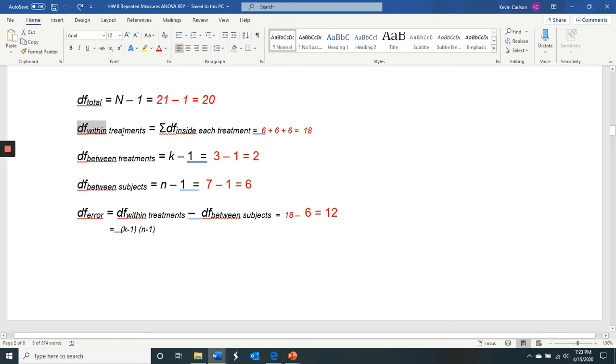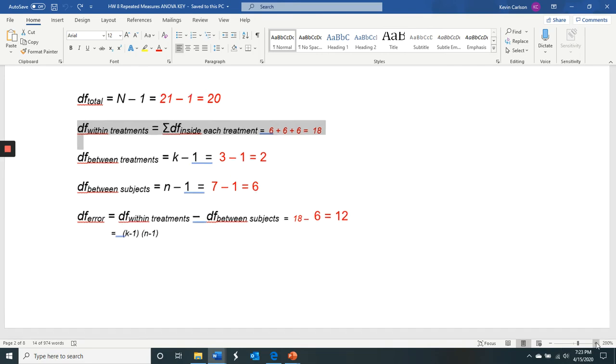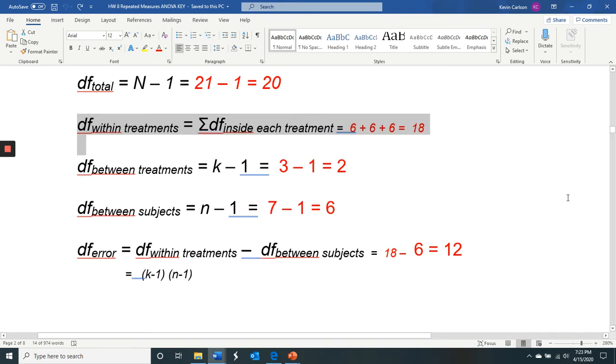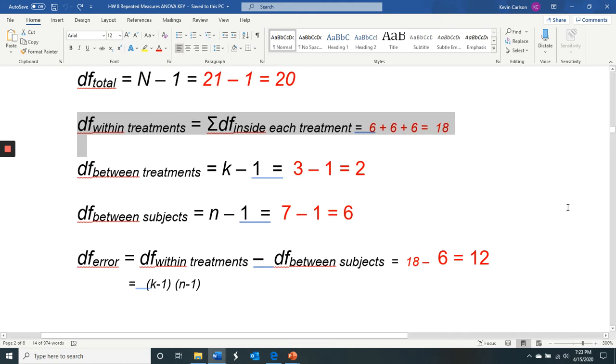And then the degrees of freedom within treatments. And again, treatments here are the different moon phases, the 3 moon phases. So we know we have 7 hospitals. I don't know if you can see this here. I'll make it a little bit bigger. So we have 7 hospitals. And so in each moon condition, we measured 7 hospitals.